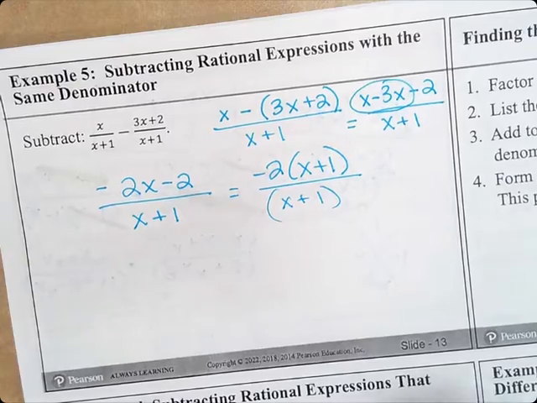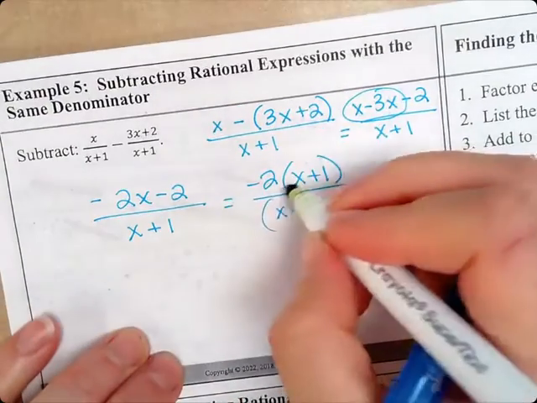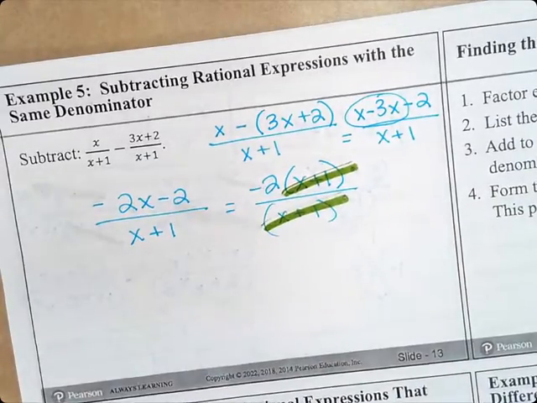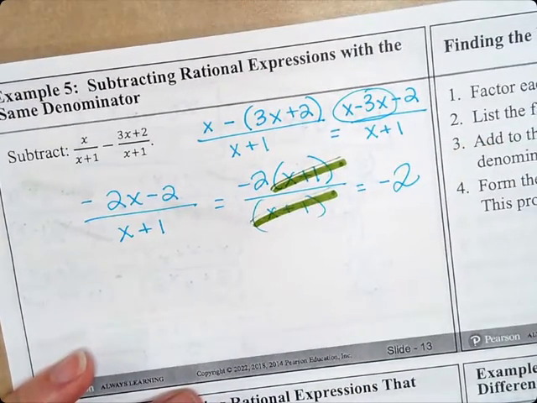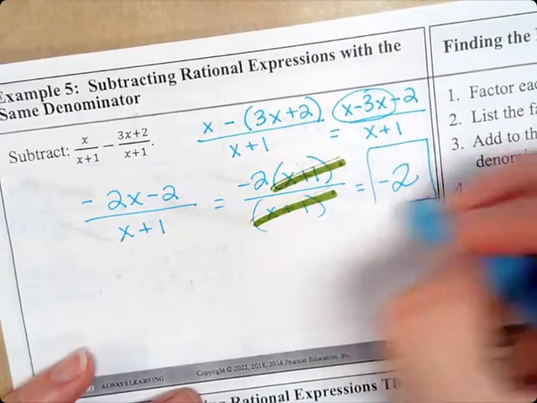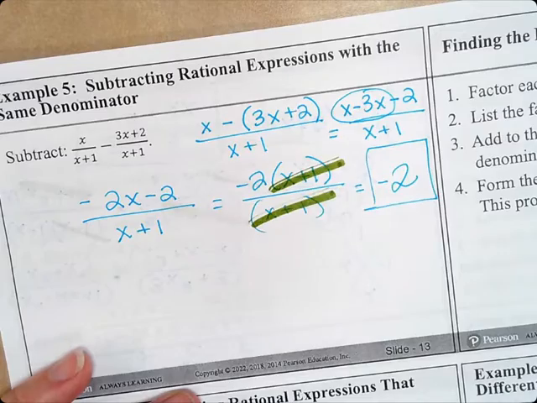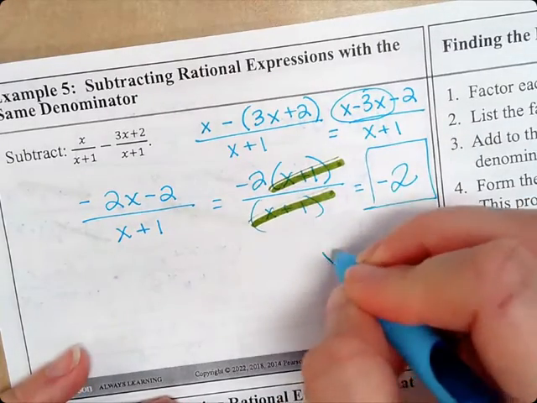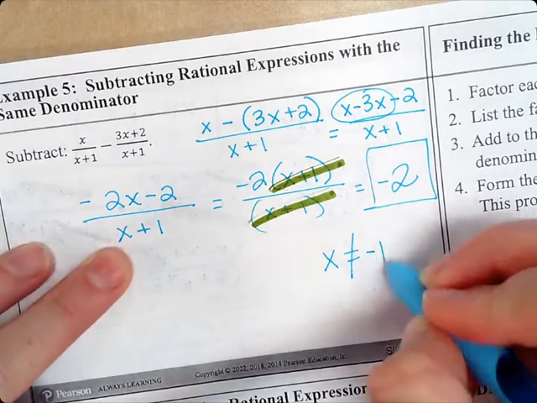So if you can factor it, you always want to factor it and then simplify. Now we see that we can simplify those. So our solution is negative 2. Should we have exclusions? Yeah, we still have exclusions. So what can x not equal? Negative 1.